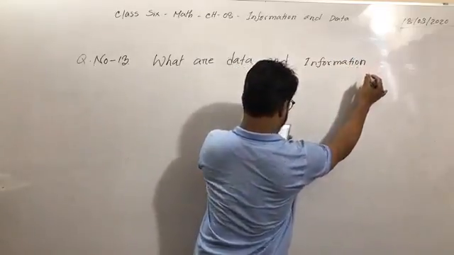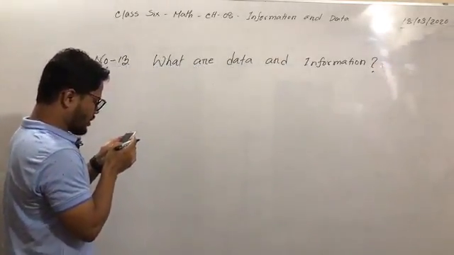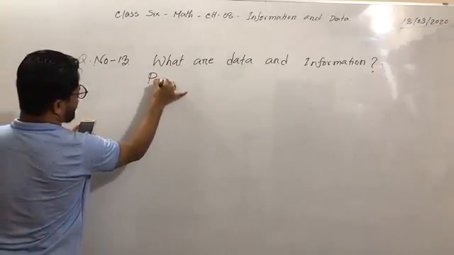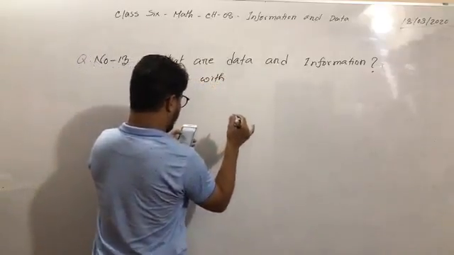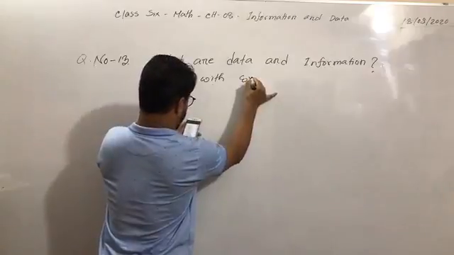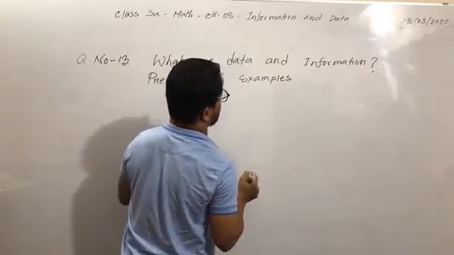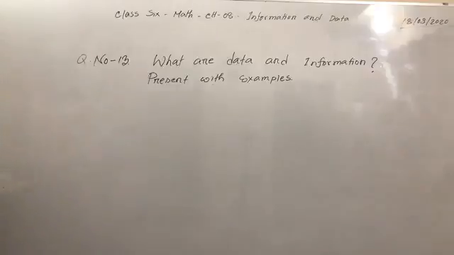Present with examples. So this is question number 13 in your academic book. What is data and information? Present with examples. Now we will discuss this one, my dear students.